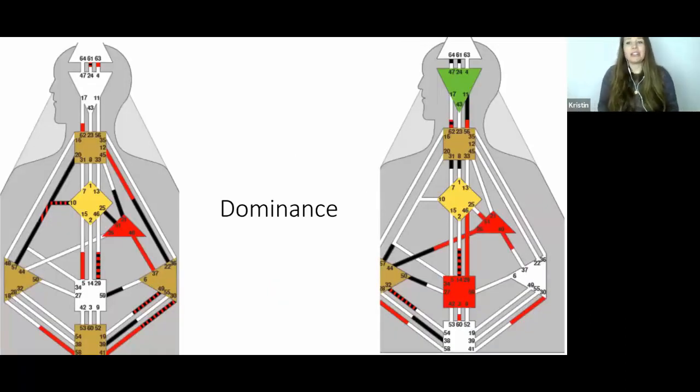The other thing that we have in human design is dominance. And dominance means that they have an entire channel or a gate that you do not have. And this actually is a really cool place, because this is where you really get to see your partner or your child or your boss or your friend.